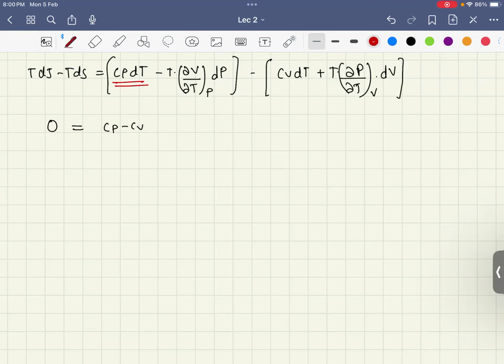We take these two terms together. So we got what we wanted: (Cp minus Cv)dT minus T into (∂V/∂T)p dP minus T into (∂P/∂T)v dV.